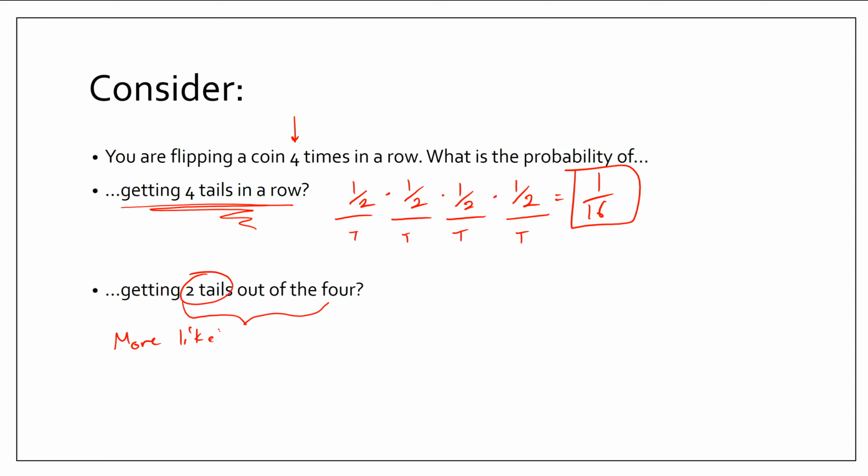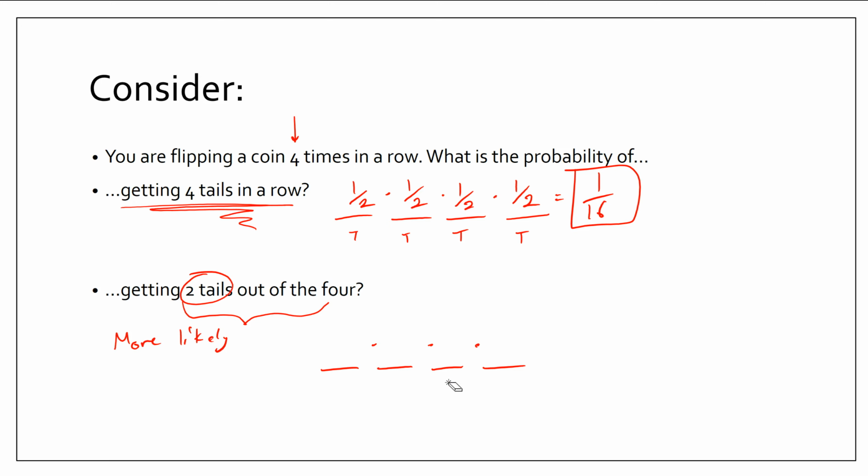But if I try to use slots, let's look at what happens. I'm definitely going to have 4 slots. And how do I know which one's a tail? Because it's not saying tail, then head, then head. It's just saying in total, you need 2 tails. So is this first one a tail? I don't know. Is this next one a tail?